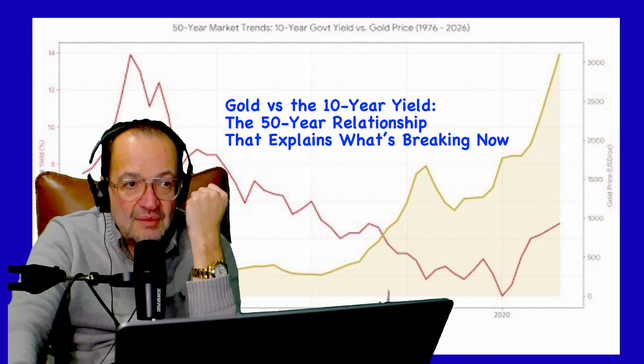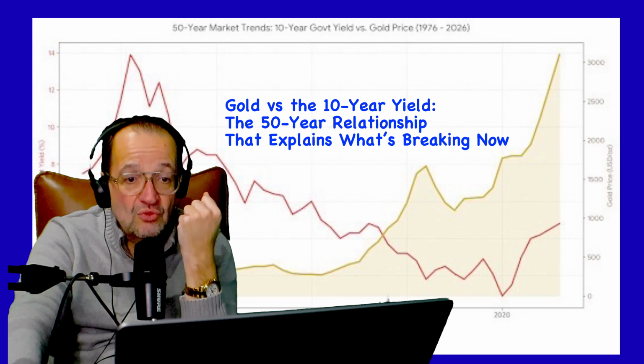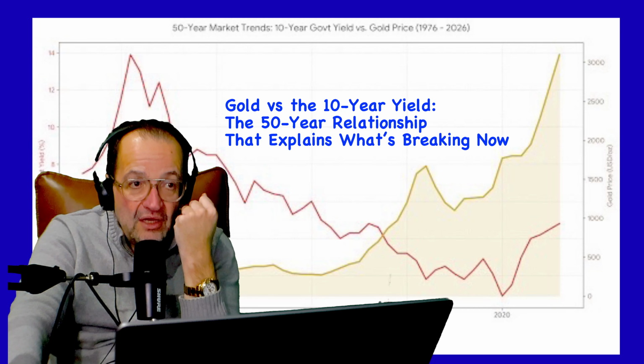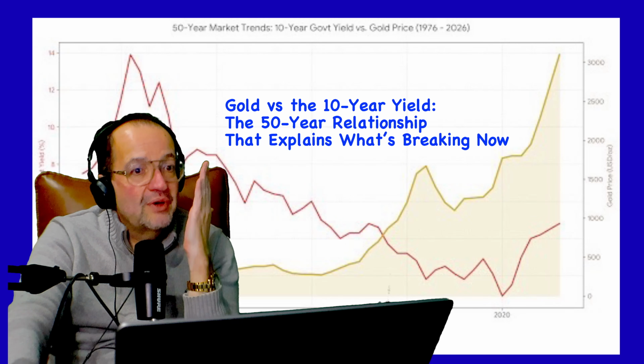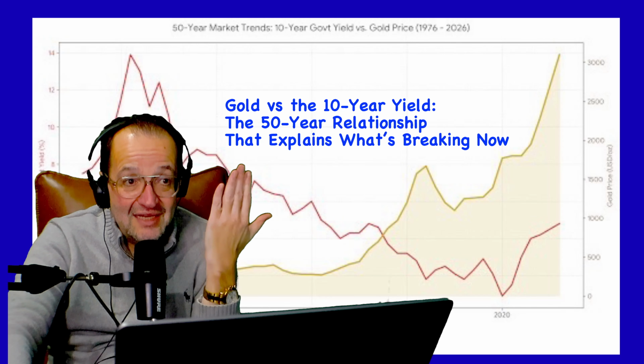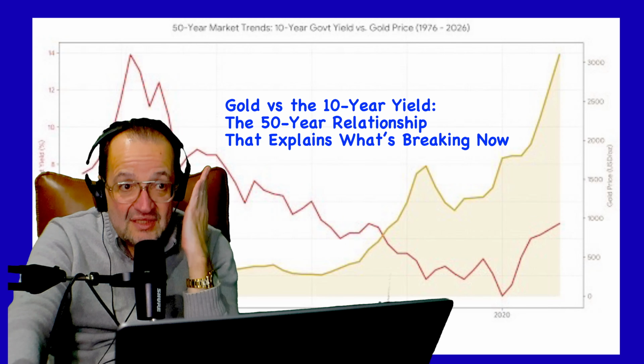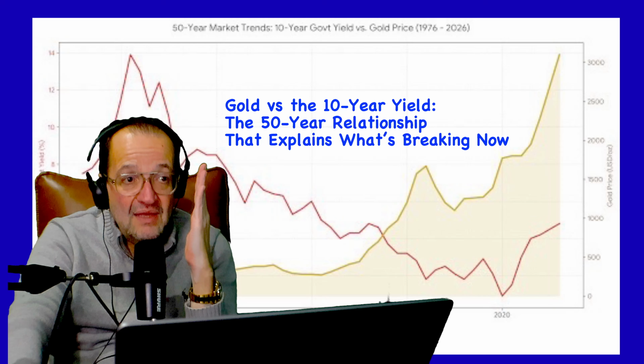This tells us something powerful. It tells us that people weren't buying gold because rates were low. They were buying gold because risk was rising. Remember, it's all about risk. You may not understand it. You may not want to know it, but it's what drives this whole game.